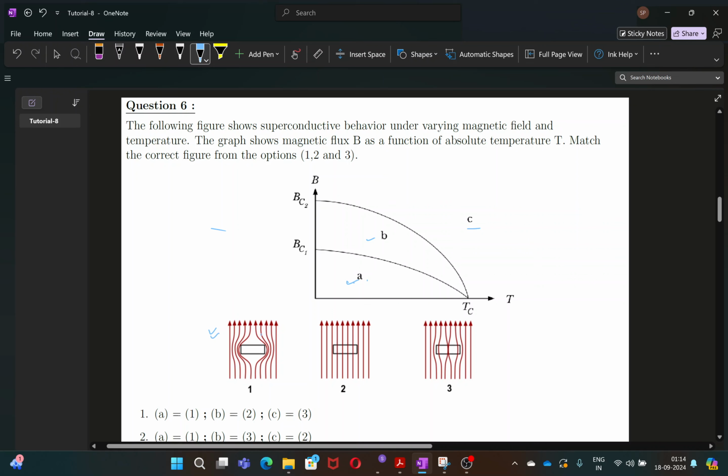The field lines will not penetrate the superconductor, but it will pass across the superconductor. So this is in the Meissner phase. Then in region number B, it is between BC1 and BC2.